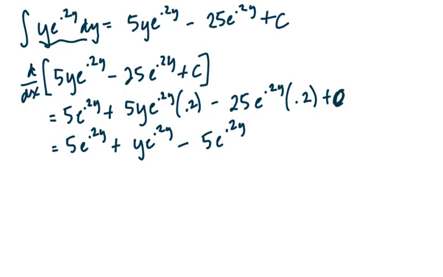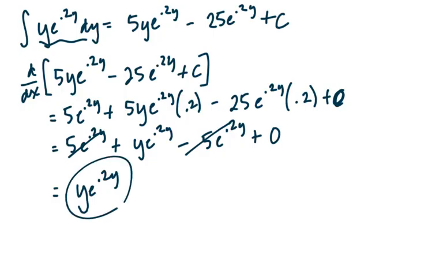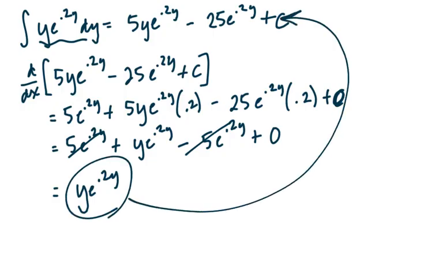Oh, and the derivative of a constant is 0, plus 0. These terms cancel, and we're left with y e to the 0.2 y. See? So if you integrate this, you end back up with this. Antiderivatives. It's really cool to see the check happen.